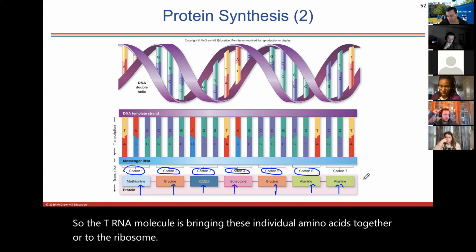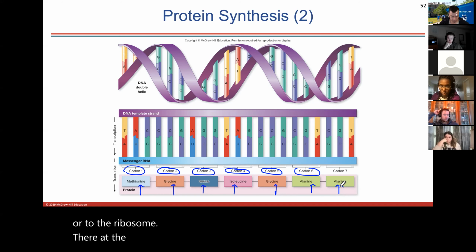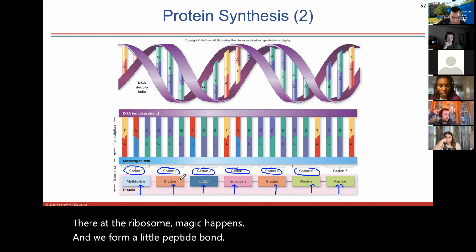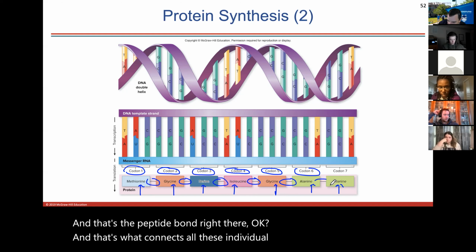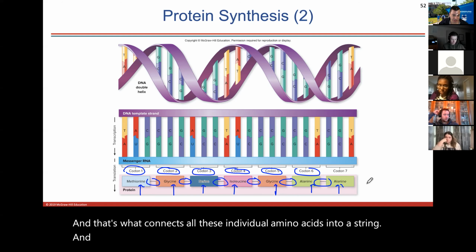There at the ribosome, magic happens, and we form a little peptide bond. And that's what connects all these individual amino acids into a string. That string of amino acids is referred to as the primary structure.